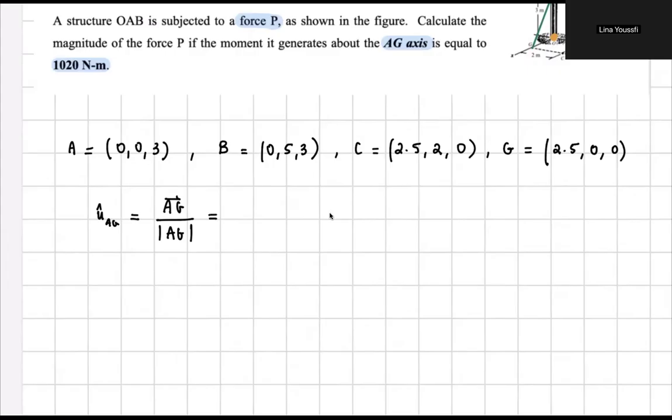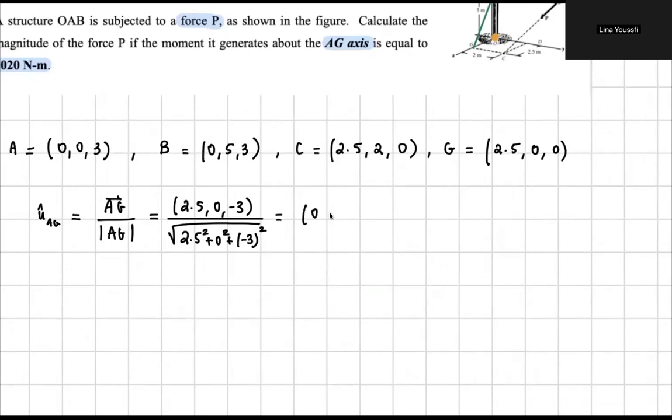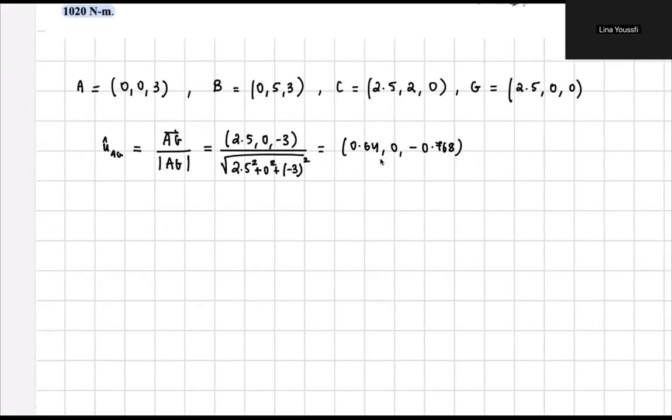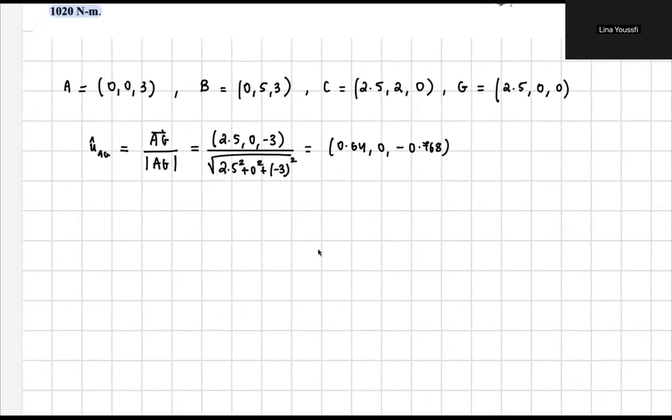We have 2.5 minus 0, so that's 2.5. Then 0 minus 0, that's 0. And then 0 minus 3, that's -3. Then we divide by the square root of 2.5 squared plus 0 squared plus -3 squared. That gives us 0.640, 0, and -0.768. So that's the unit vector for AG.